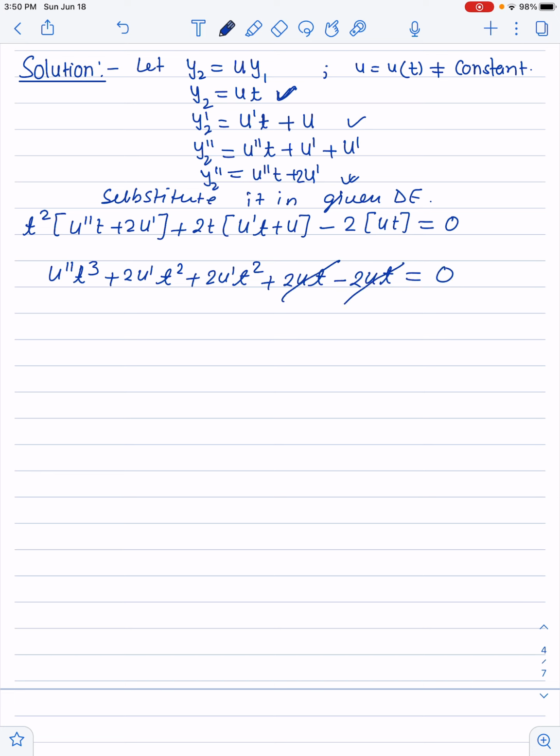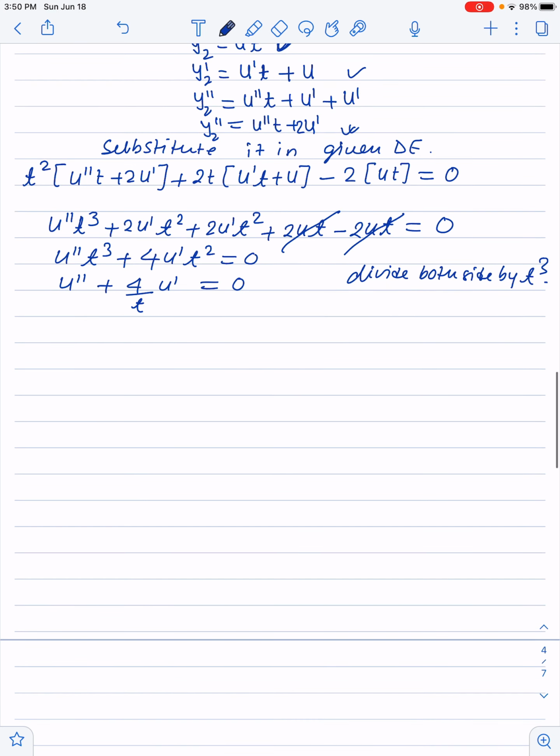So this will be cancelled out, and then here it will be u double prime t cube plus 4u prime t square equals 0. Okay, so let's just divide both sides by t cube. It will be u double prime plus 4 over t u prime equals 0.